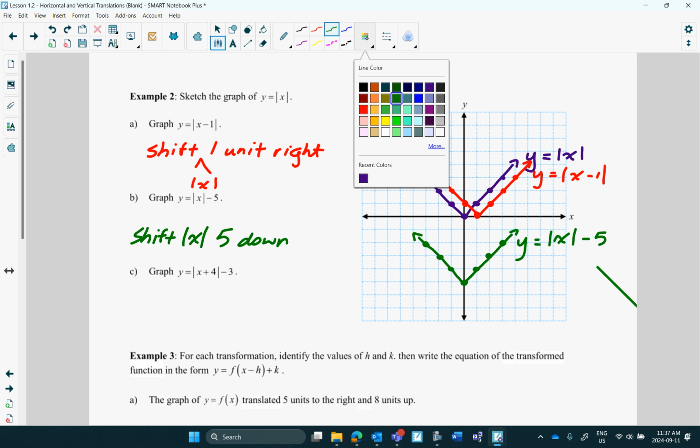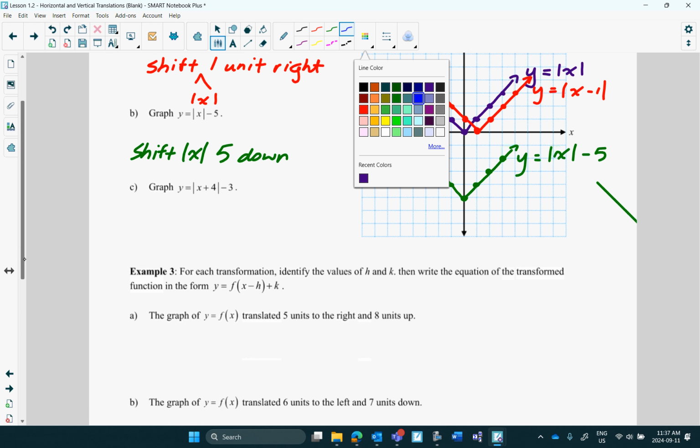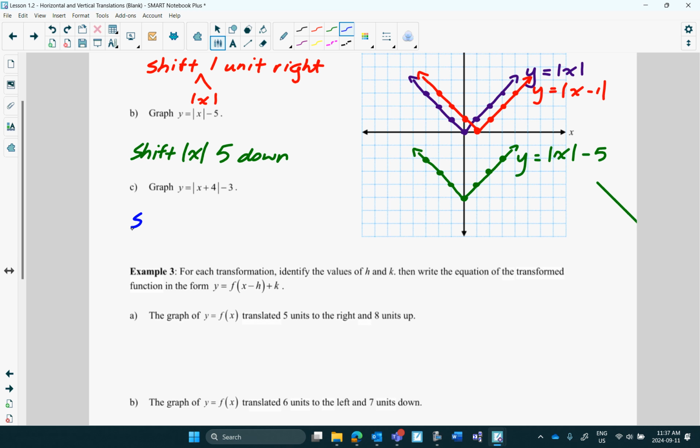And so for C, I'm going to take the absolute value of x, the original one, the purple one, and shift it how? 4 left, 3 down.